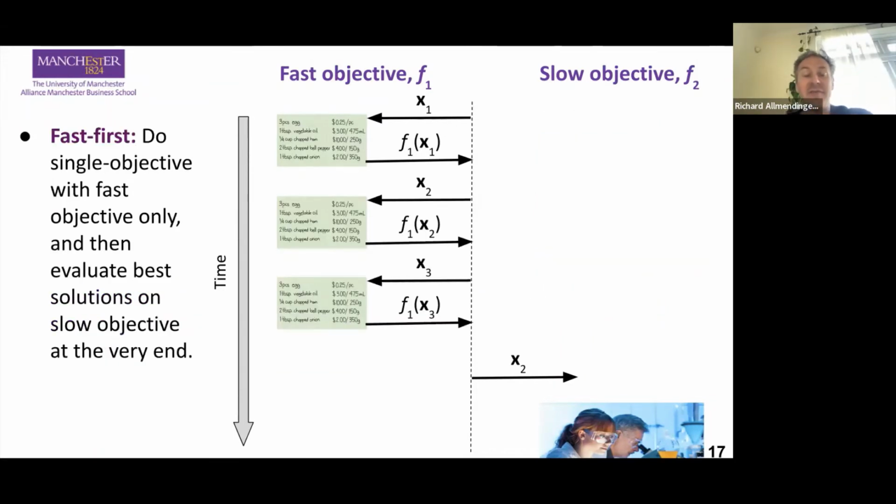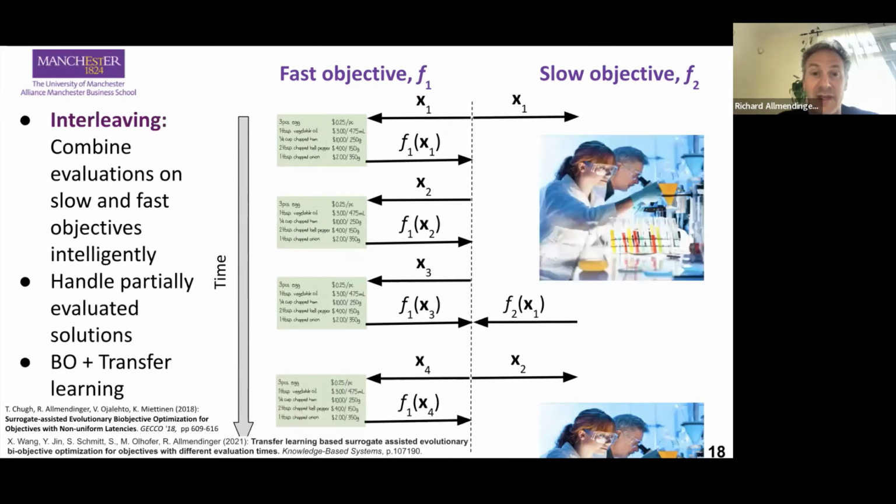Then we looked at different strategies to deal with this problem. One is again a naive strategy, which we called fast first, and that strategy does as many single objective evaluations as possible, and then at the end it evaluates the best solutions found on the fast objective also on the slow objectives, to ensure that at least some of the solutions have been evaluated on all objectives. And then there are the smarter strategies, what we call interleaving.